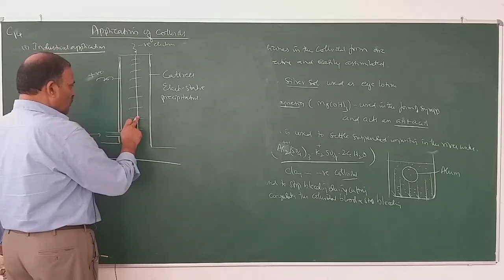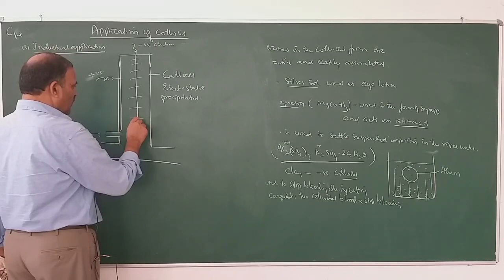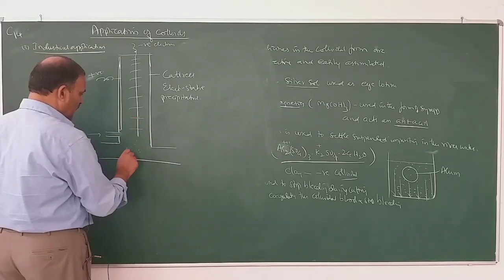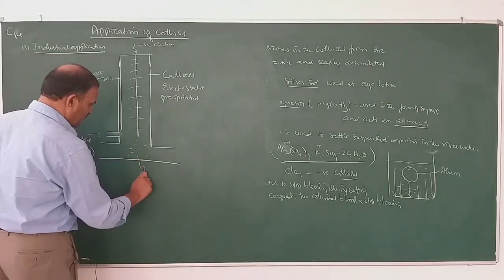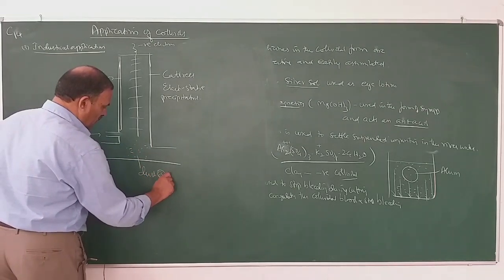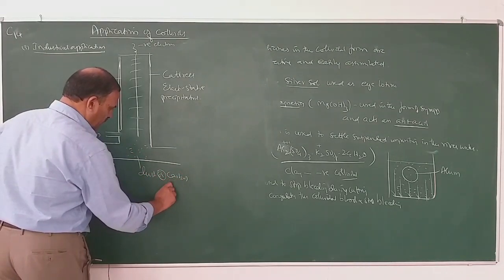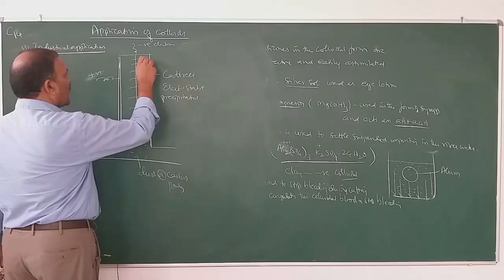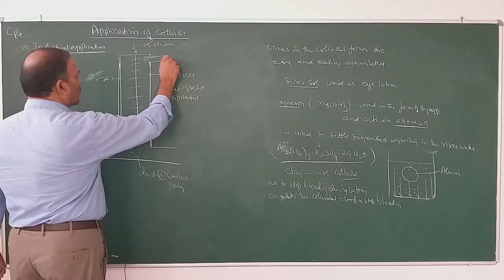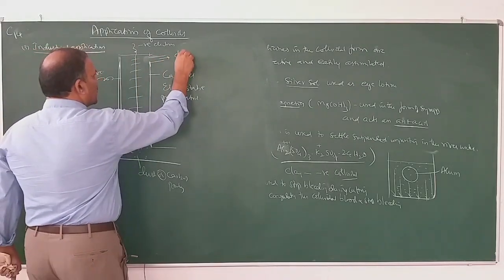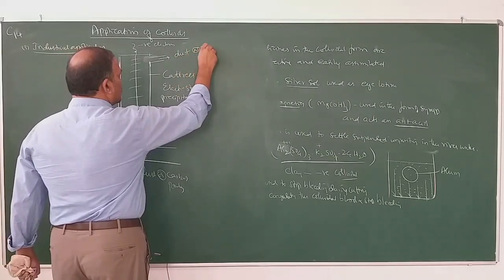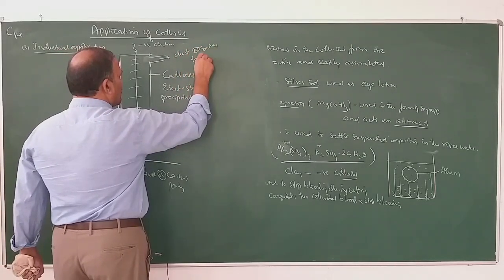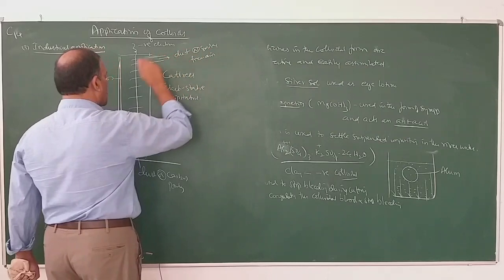If the particle loses the charges, they will convert into powder and then they will settle down. So this is dust or carbon particles. And pure air will go out. So dust or smoke free air goes out.